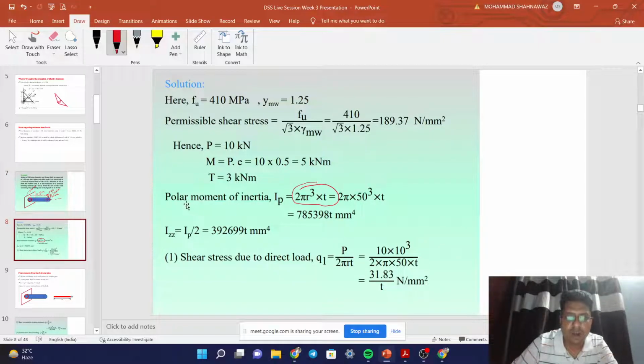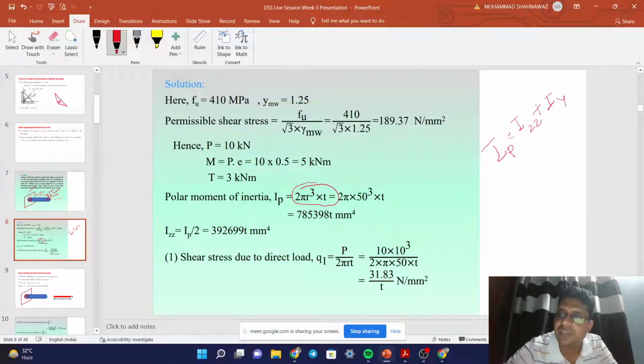So first of all, we are calculating the polar moment of inertia, which is reported as this much. And after that, we are calculating IZZ, meaning polar moment of inertia IP is equal to IZZ plus IYY.